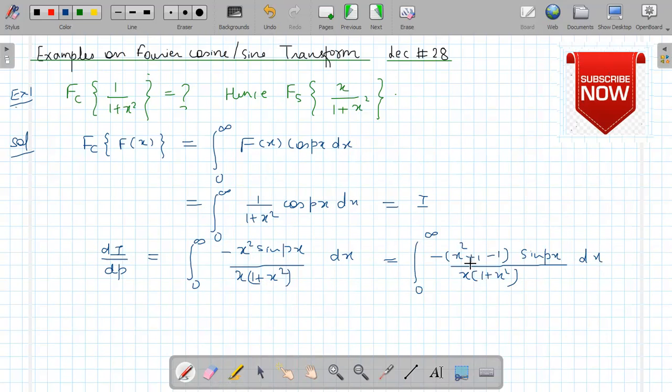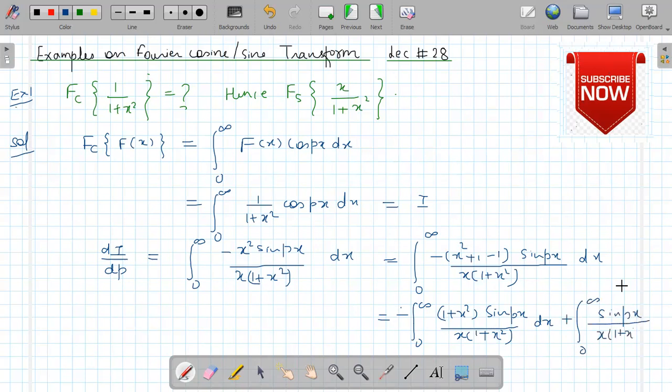Now we separate the integrals into two parts, where one part contains integration 1 plus x square sine px over x into 1 plus x square dx, and another part contains sine px over x into 1 plus x square.